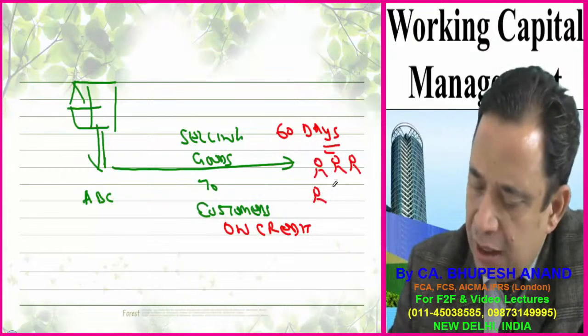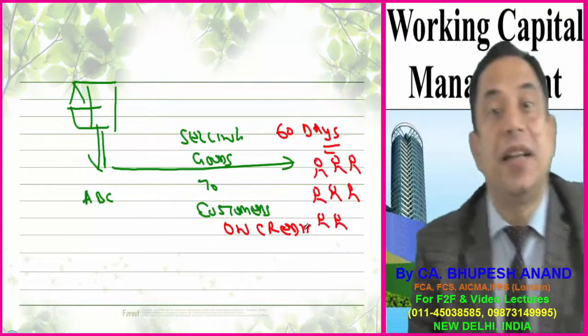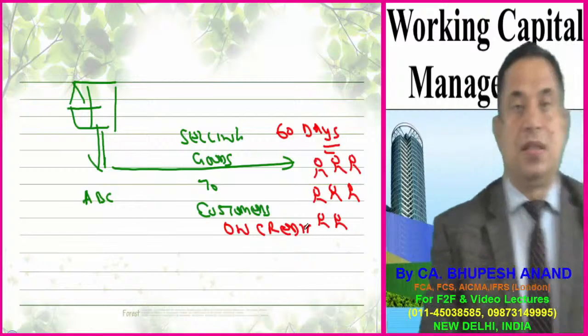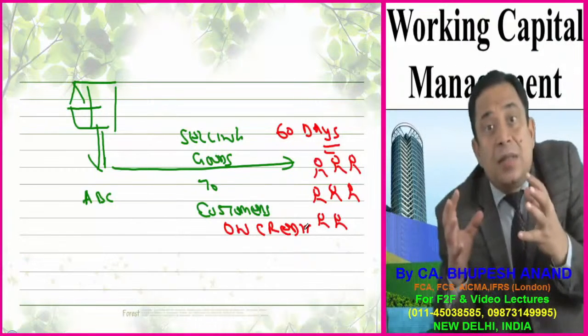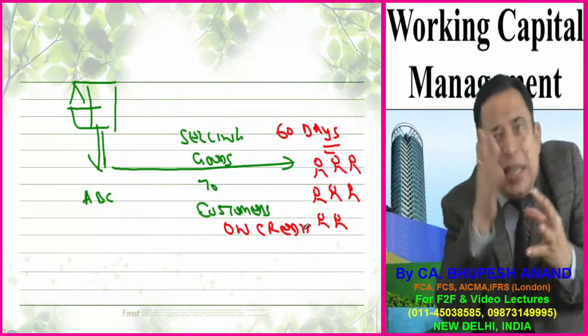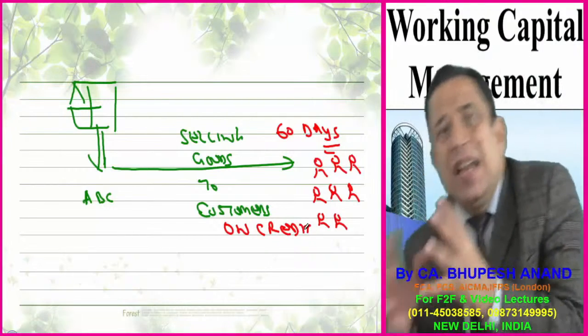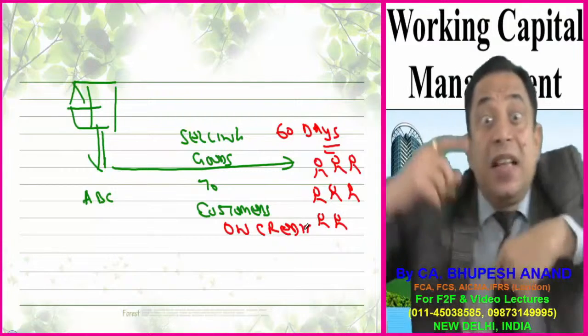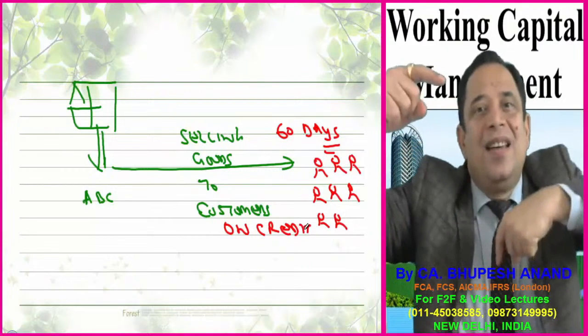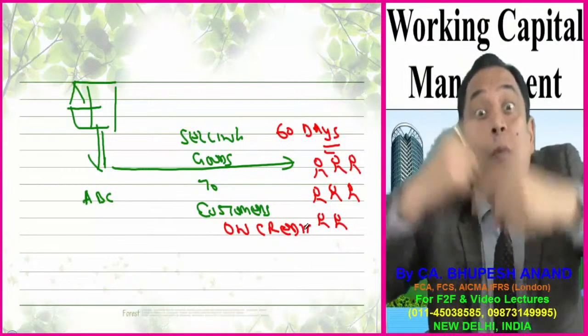This entity ABC is granting a credit of 60 days to its customers. But these customers are not paying at exactly 60 days. Rather, they are paying at 70 days, 80 days, 90 days. It means they are lagging their payment. It means they are taking more time to pay.